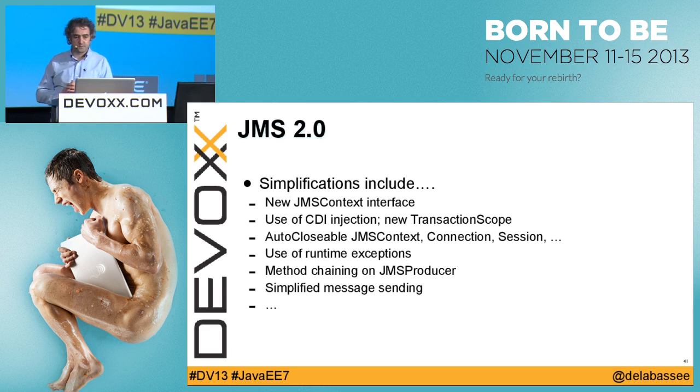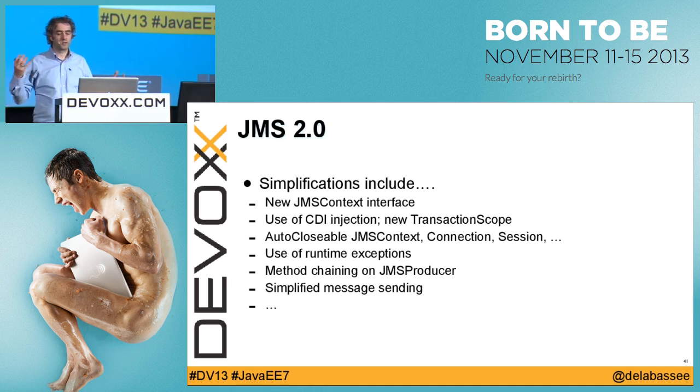Simplification includes a new JMSContext interface. It's really the main interface you have to know. We can use CDI injection. We have the ability to use the new transaction scope. The JMS objects now leverage the AutoCloseable interface that was introduced in Java SE 7, so you don't have to close those objects. They will be closed automatically by the platform.